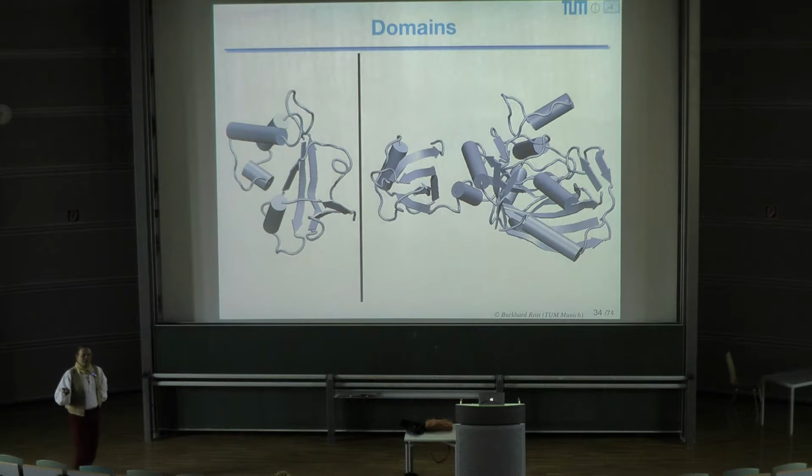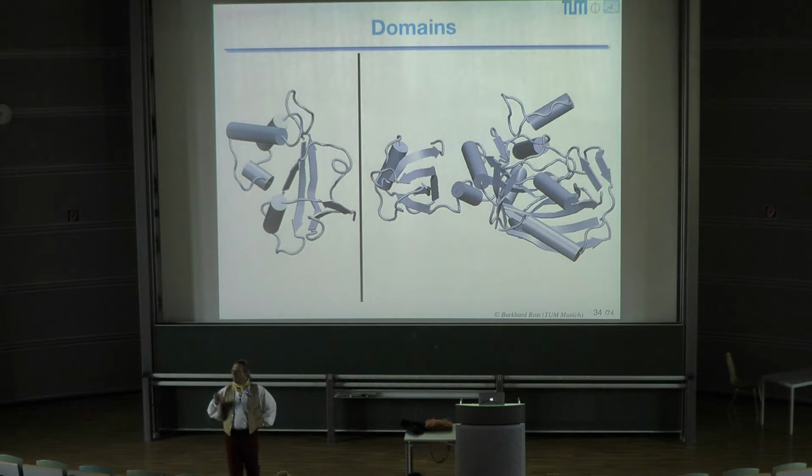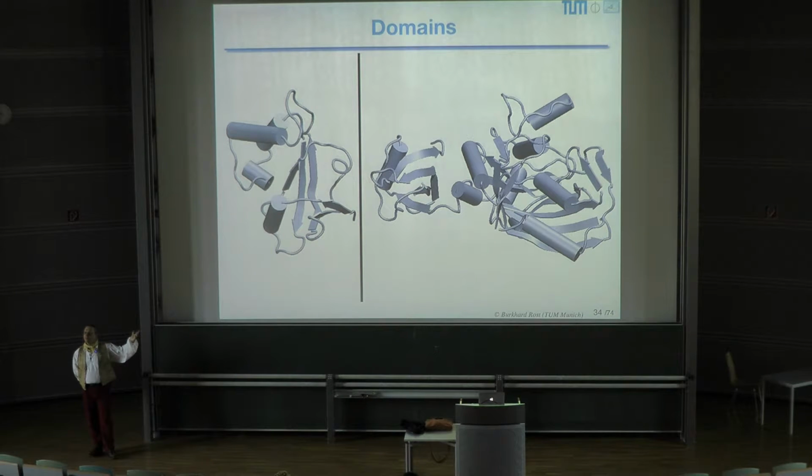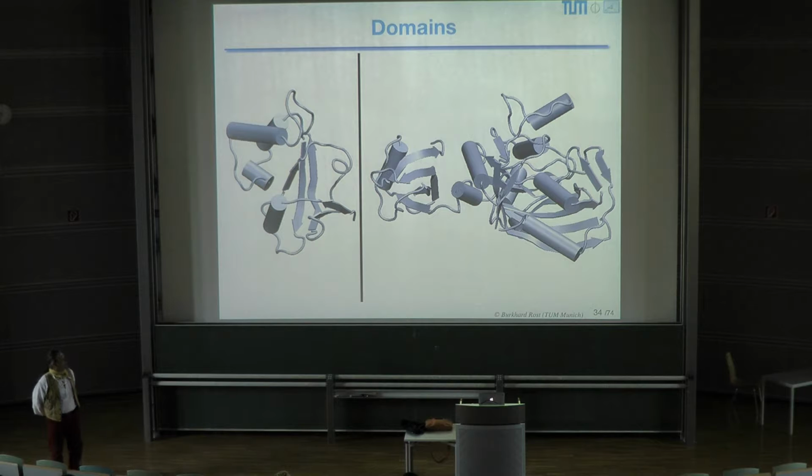Do you have any idea how you could get this arbitrariness out? How to define a domain? Look at it. Does anything jump at you? Yeah? Well, there are two strongly folded regions. So something is compact. On the left, there's a region that's folded together, and on the right, there's another.